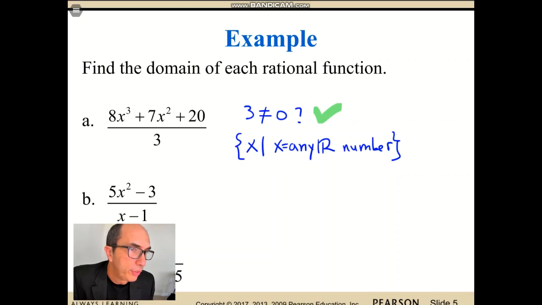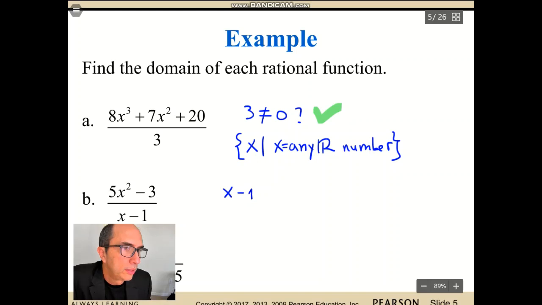Now it's going to be different next example. 5x squared minus 3, all this expression over x minus 1. Now we have to make x minus 1 different from 0. And applying the addition property here, let's add 1 to both sides: x different from 1, right?